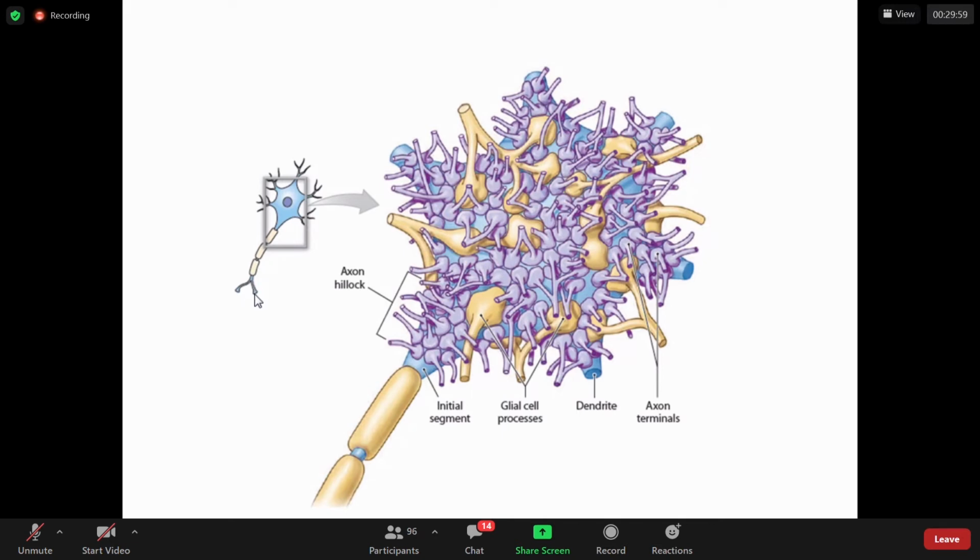These are called terminal buttons or buds. So you can see no part of the soma or cell body of a neuron is free. They are all communicating with, synapsing with the axons of other neurons. So many axons you can see. Actually, this is filled up. No space is available for synapses.